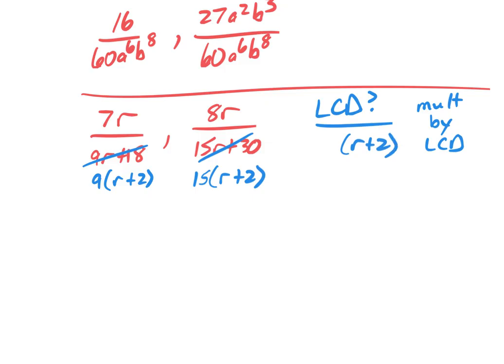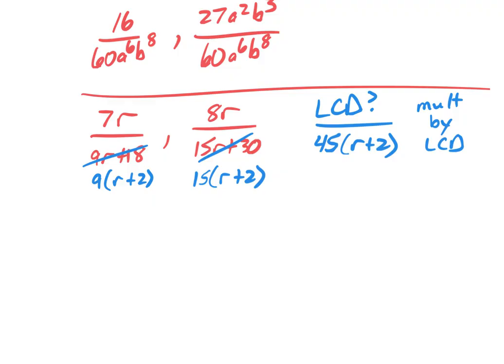R plus 2 is a common factor they both have. And then my coefficients are 9 and 15. So I got to find something that both 9 and 15 go into. 45, okay? And that would be my LCD.